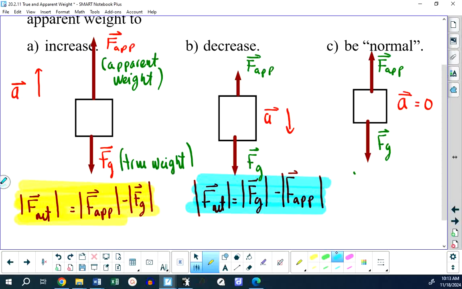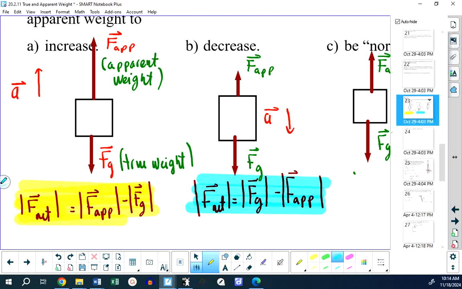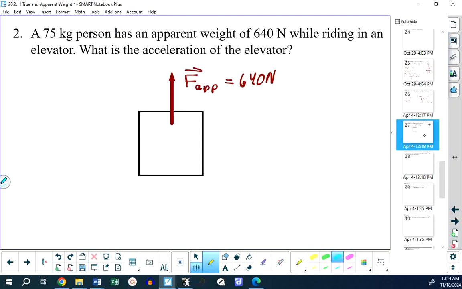So why am I going through all of this? I'll freeze this up on the screen to your right. We're going through all of this so that we can decide which one to use. And since you're not told which way the elevator accelerates, the only way to know which one to use is to compare the two forces.